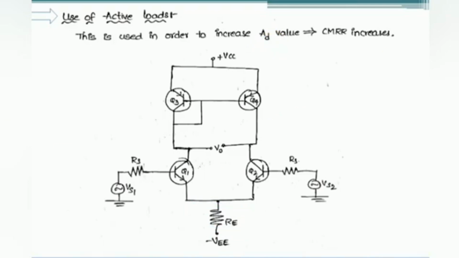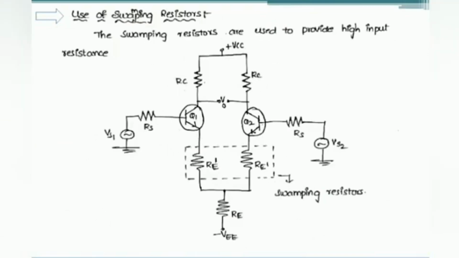And the fourth method we are going to see is the use of swamping resistors. Here, at the emitter terminals of the two transistors, the swamping resistances are used, that is Re dash. These resistors Re dash are used in order to provide the high input resistance. With the use of swamping resistors, we have advantages and disadvantages. The advantage is the input resistance value will increase, but the disadvantage is there is a reduction in differential mode gain.